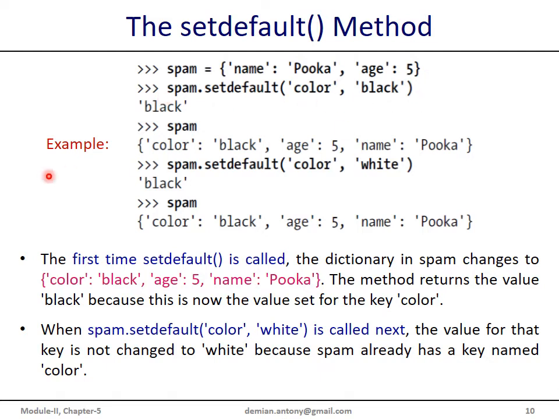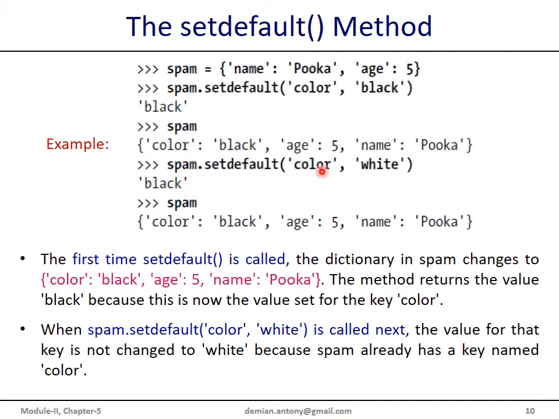And again, let us use the setdefault method to create one more item with the existing key color, and we change the color to white. This will not happen because color is already present as a key in the dictionary. If the key is present in the dictionary, the setdefault method will return the associated value of this key.